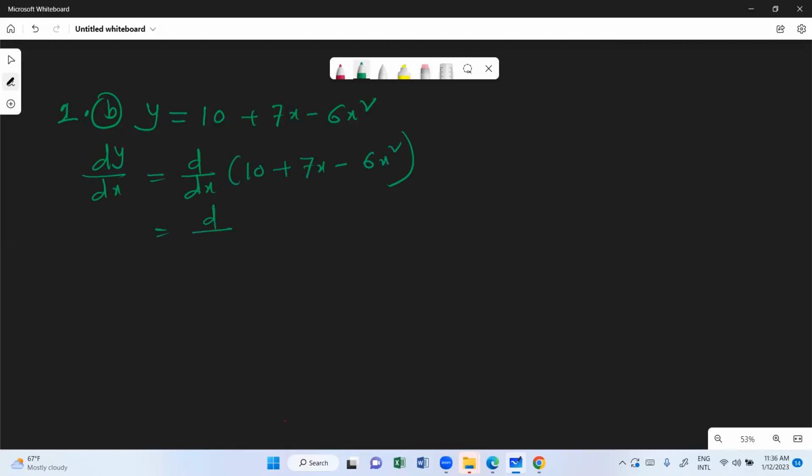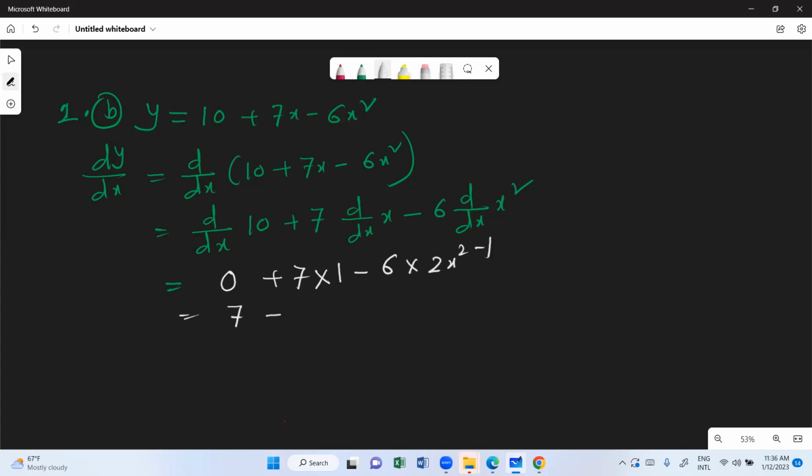Separately, if we do the differentiation, the constant 10 gives 0, 7 comes first, d by dx of x is 1, minus 6 into 2x, 2 minus 1. So finally, we get 7 minus 12x.